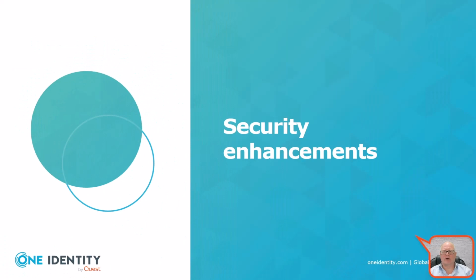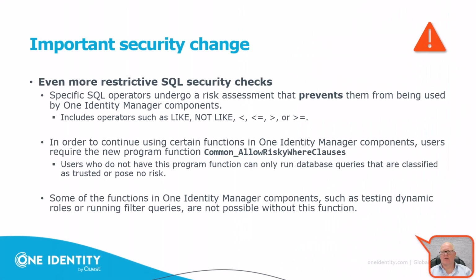And now let's talk about some of the security enhancements of the Identity Manager that come with version 9.x. First, let's talk about more restrictive SQL security checks. Of course, there are new rules every day about what should be possible and what not. We are talking about the use of SQL in where clauses, and allowing people to manage, or unlikely just configure, the system using where clauses.